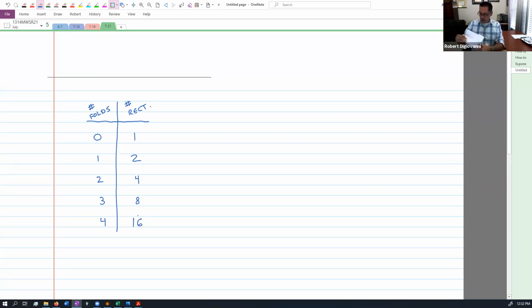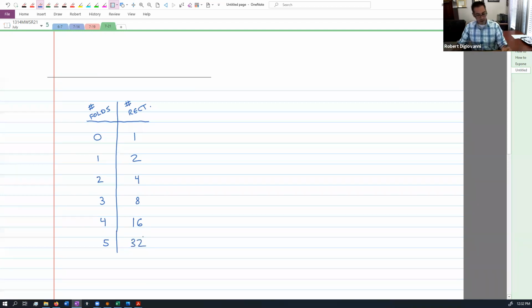If I did it one more time, I should expect to see 32. It's doubling each time, right? That's exactly what that exponential function we just looked at was doing. I have 8 across the top and 4 down the side. So that's 32. So 5 folds was 32.